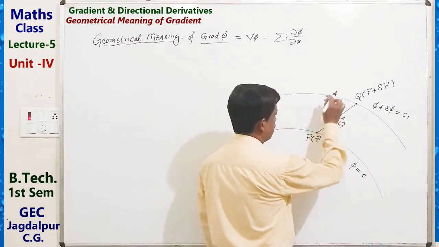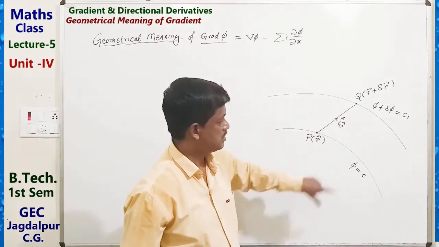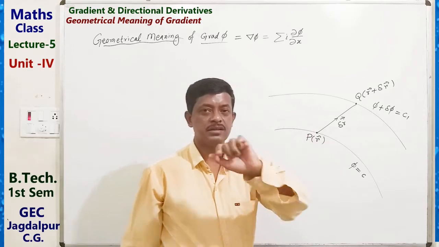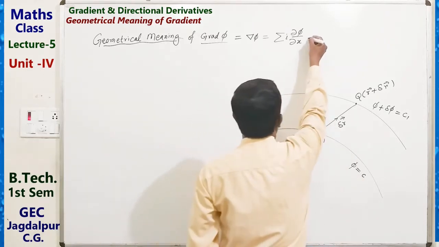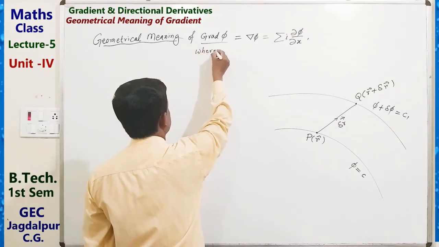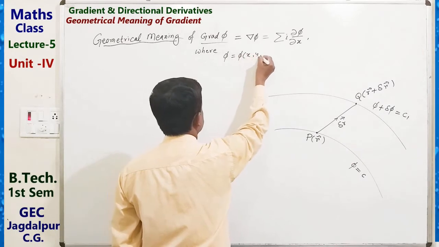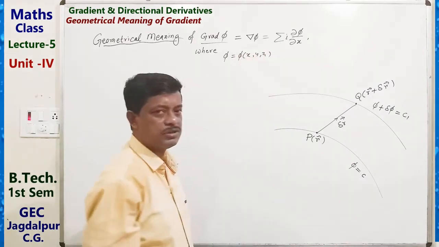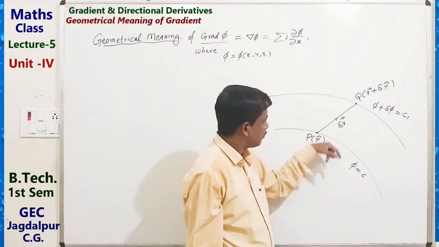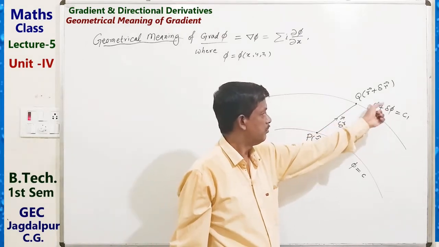Suppose the perpendicular distance between these two level surfaces, where phi(x, y, z) is our scalar function and phi is a function of x, y, z. Taking phi(x, y, z) equal to this constant gives one level surface; corresponding to another level surface the constant will be different, phi plus delta phi.